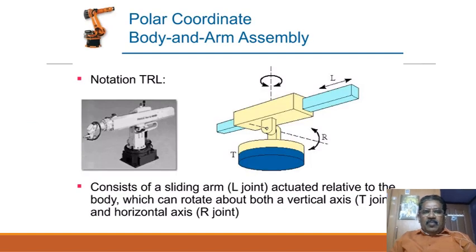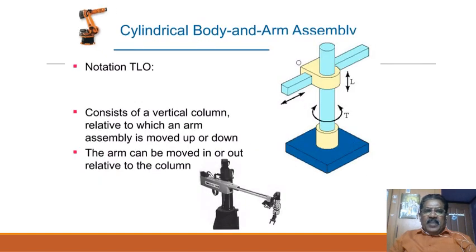So for the polar coordinate, we have the notation TRL. So you have the twist, the rotate, and the linear. Twist, rotate, and linear. We have already seen these different kinds of configuration, but now we are only looking at the notations. For the cylindrical type, we have the twist, linear, and the orthogonal type of movement.